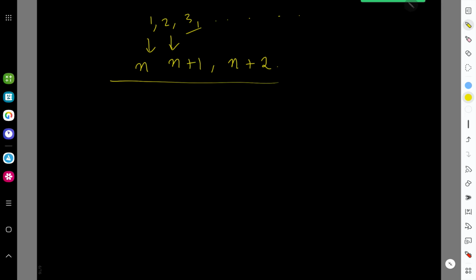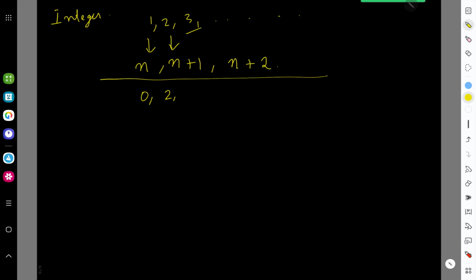So if we want to express any 3 consecutive integers, remember the general form n, n plus 1, n plus 2. This is the general form for consecutive integers.